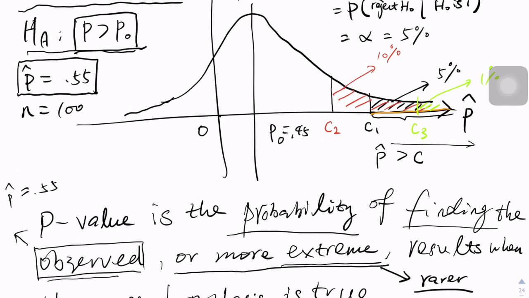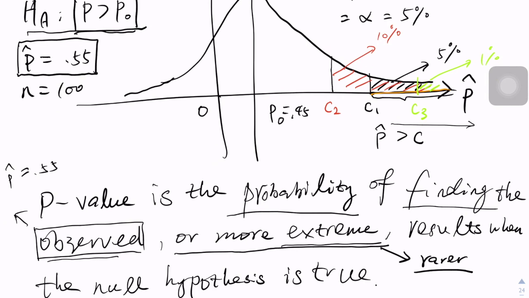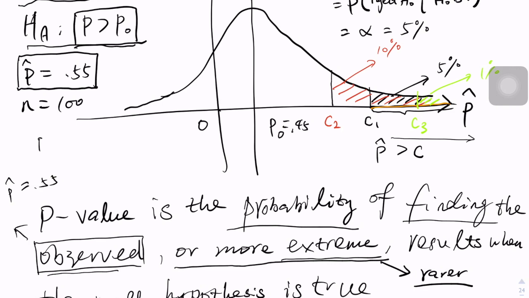In the p-value method, it's pretty similar. More extreme means your p-hat is larger than this observed value, 0.55. So finding the observed or more extreme means p-hat is larger than or equal to 0.55 when the null hypothesis is true. You see the definition is constructed by three parts.